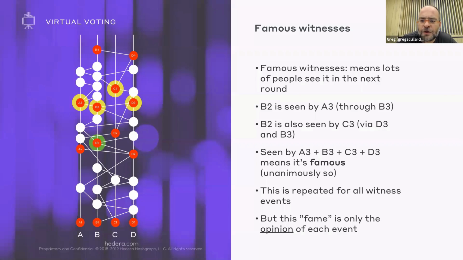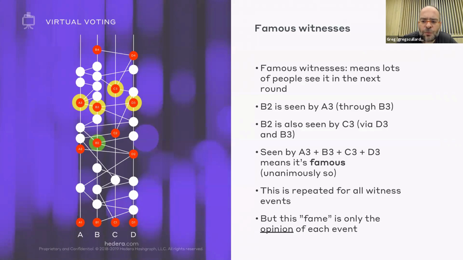So let's take a look at the witnesses in round 3 to determine if they can see B2. The idea there is that you follow the lines in the graph. If you start from A3, you can go down to B3, and then you can go to B2. If you do the same with C3 to D3 to B3 to B2, we can see that B2 is indeed a famous witness.